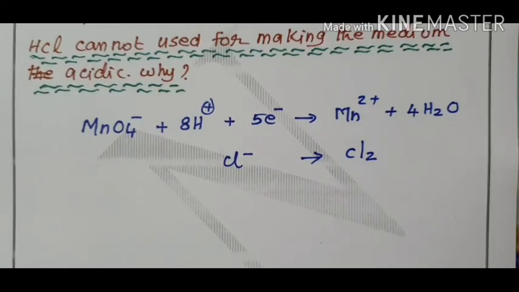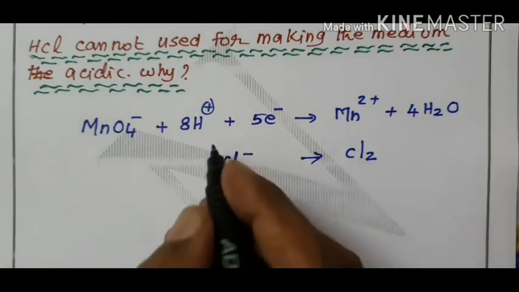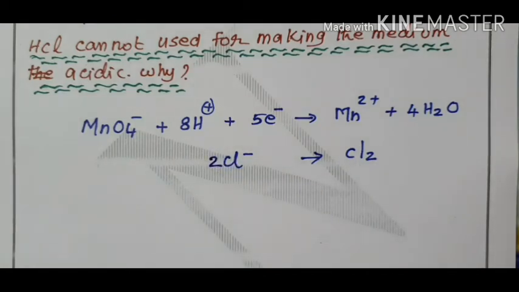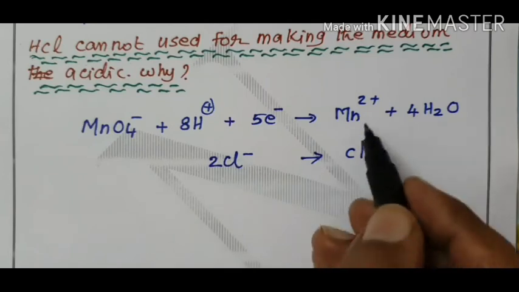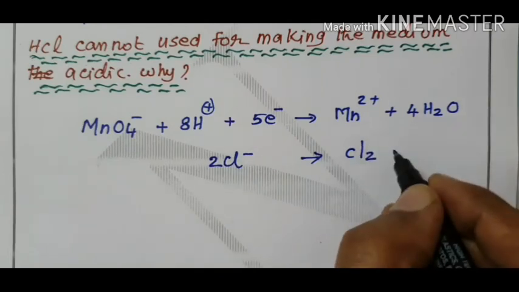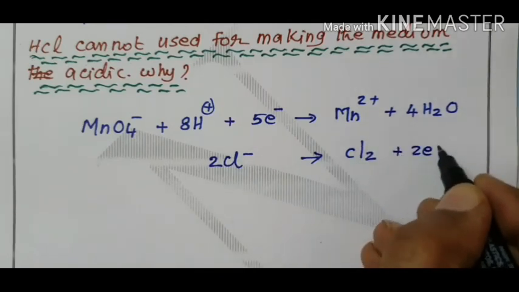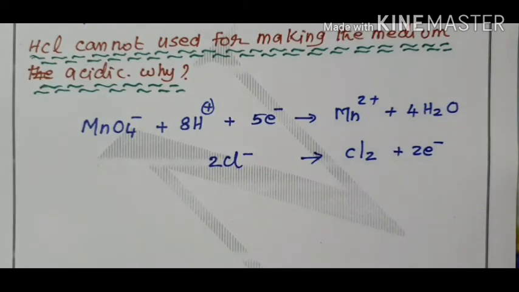First we have to balance the element. 2 chlorine, 2 chlorine. Then we have to balance oxygen, no oxygen, hydrogen, no hydrogen. Finally, we have to balance charges on both the sides. Left hand side we have 2 minus. Right hand side charge 0. Therefore, 2 electrons are added on the right hand side.